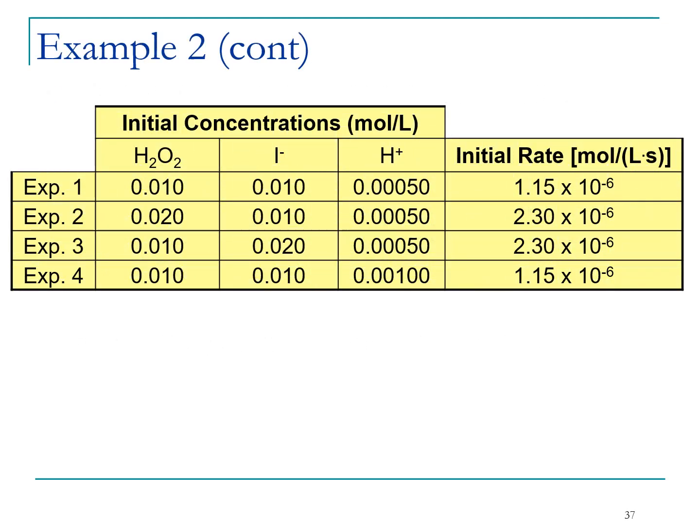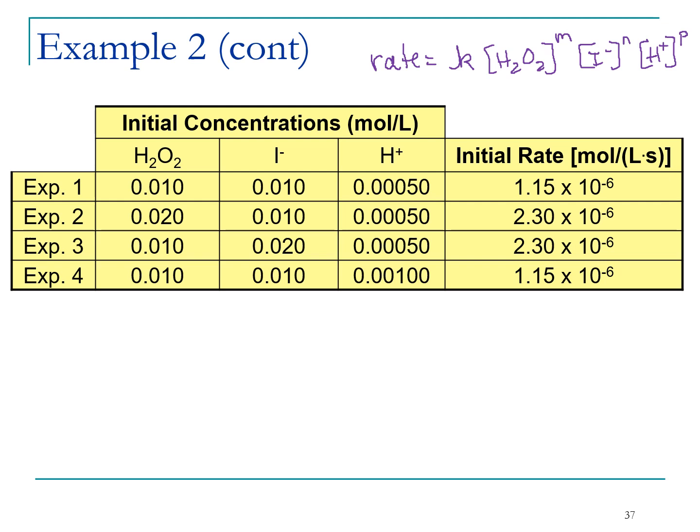And this time I've actually written it out so that you can see. So let's write this up here. So rate equals K, H2O2 to the M power, I negative to the N power, and H plus to the P power. As long as we pick two experiments or trials where everything's constant but one thing, then we can determine it.